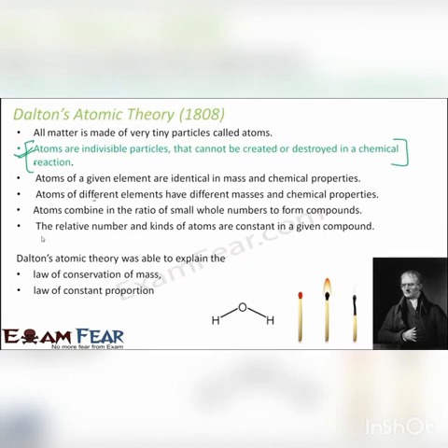So if you see here, the sixth postulate is the one which talks about the law of definite proportion. The relative number and the kinds of atoms are constant in a given compound.